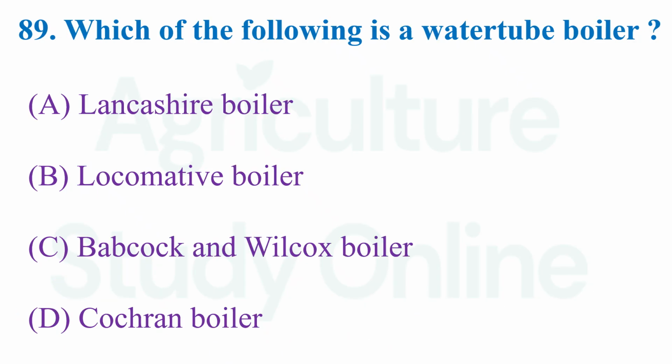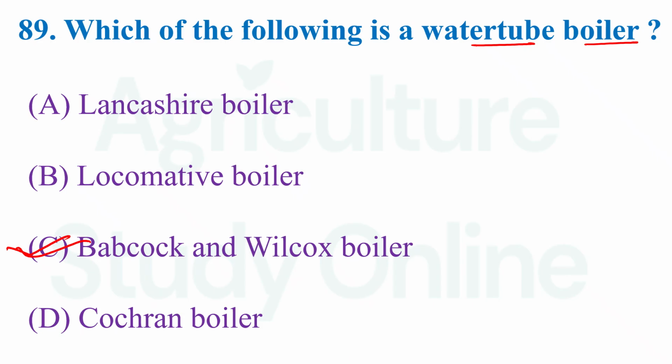Question 89. Which of the following is a water tube boiler? So it is Babcock and Wilcox boiler. So basically it is a water tube boiler where water flows inside the tube and hot gas flows outside the tube.